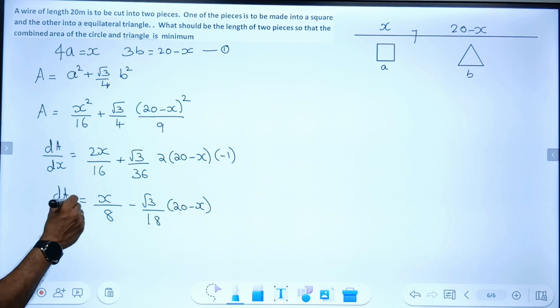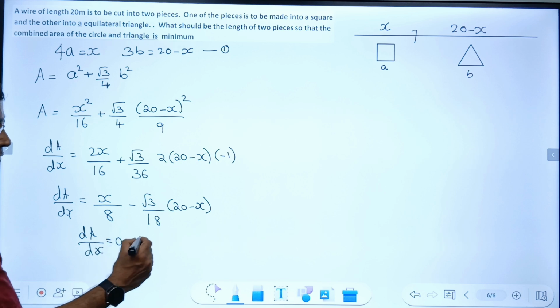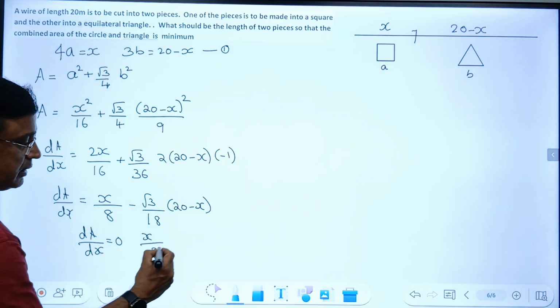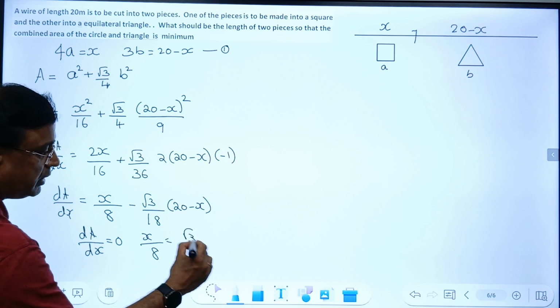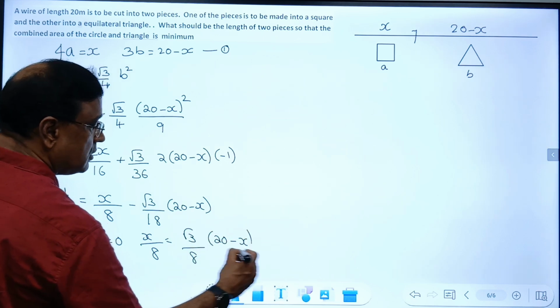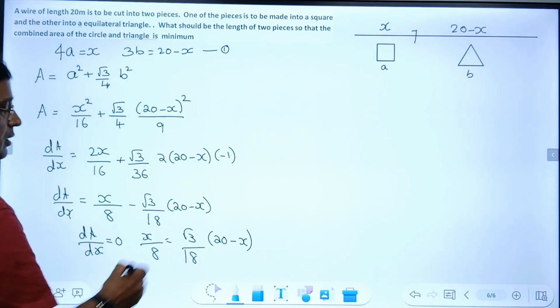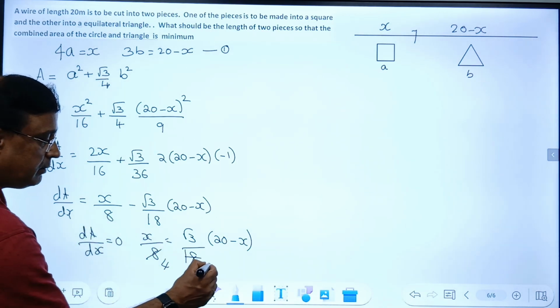Now I want to find the critical point. So what I will do to find critical point? dA by dx is 0. So I get x by 8 equal to root 3 by 18 into 20 minus x. 2 goes 4 times, 2 goes 9 times.